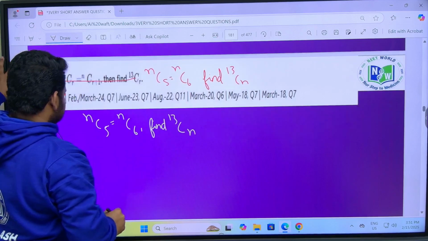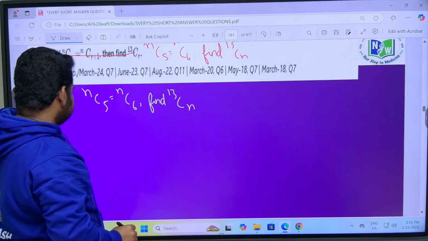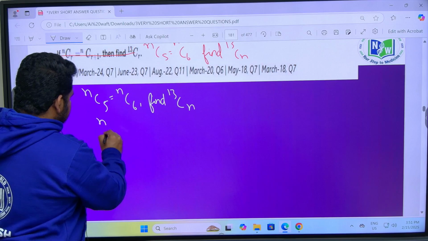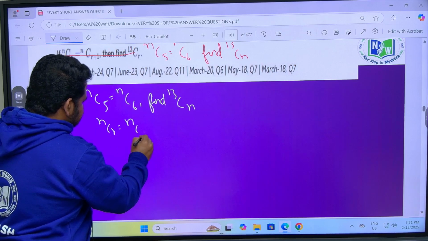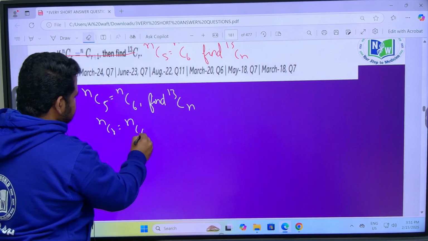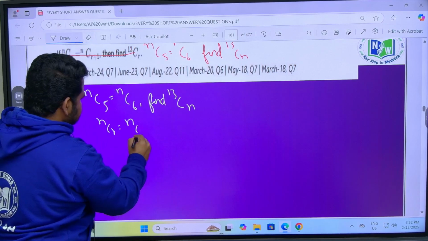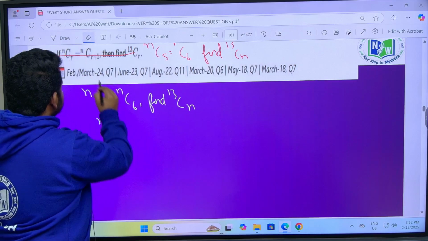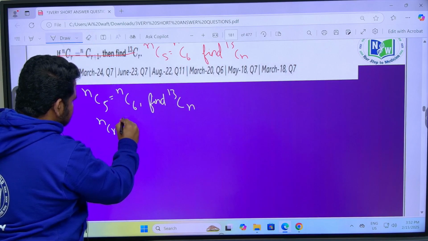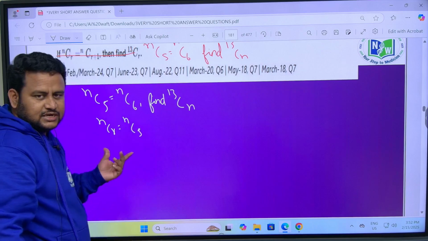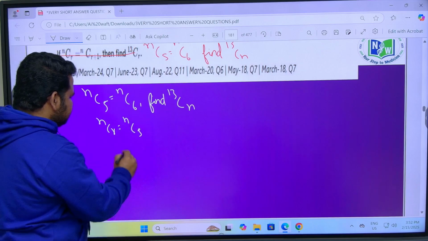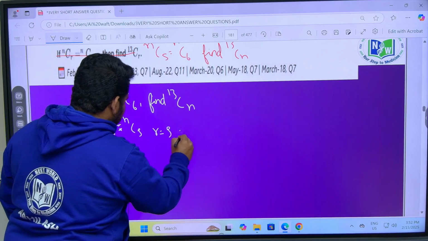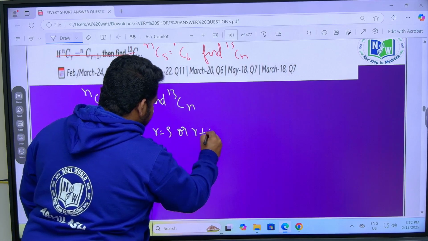Okay, so let us solve this, friends. nC5 is equal to nC6. That is similar to nCR is equal to nCS. So nCR is equal to nCS means either R will be equal to S or R plus S will be equal to n.